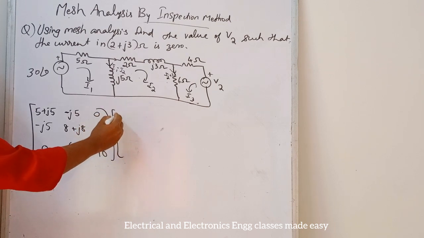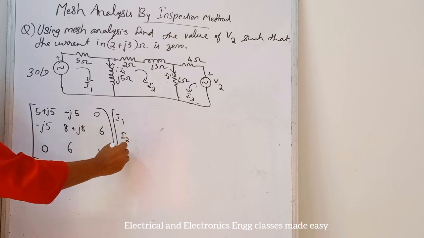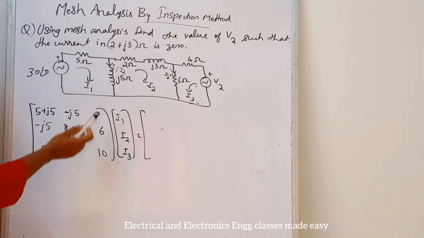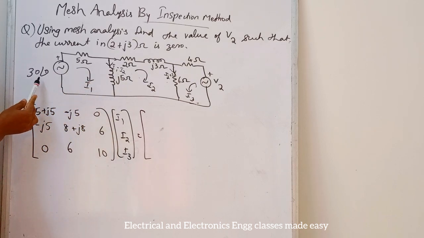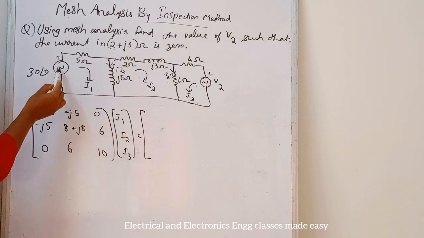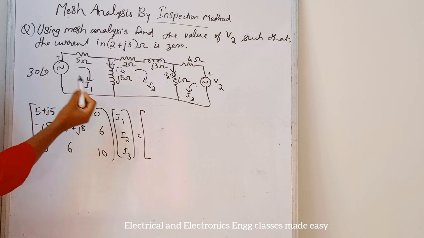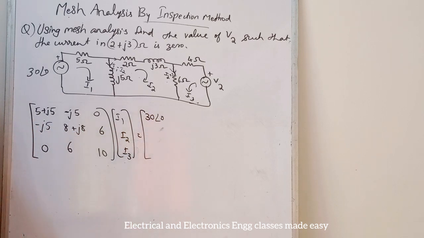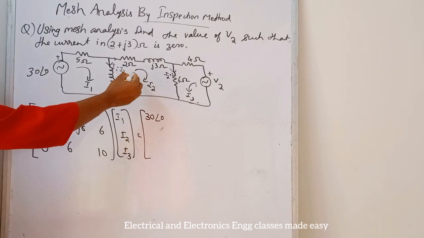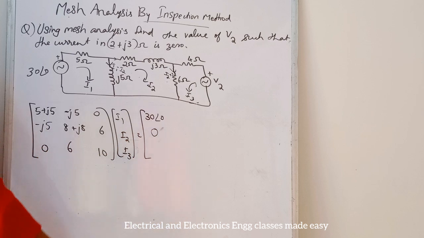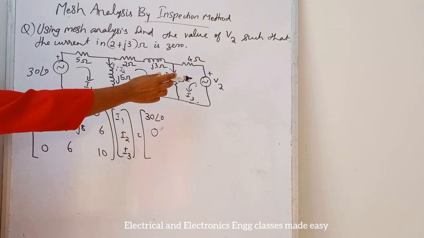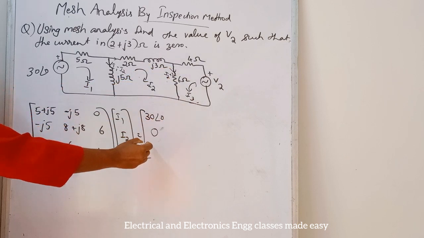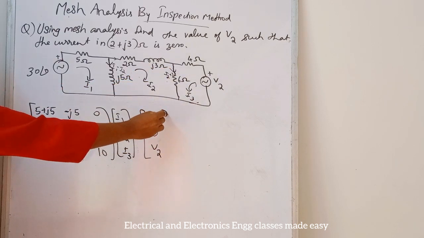Then the unknown currents are I1, I2 and I3, which is equal to, in the first loop, voltage 30 angle 0 and the current direction is the same as that of the source. In the second loop there is no voltage source, so 0. Then in the third loop it is V2 and the current direction is the same as that of the source, so it is positive V2.